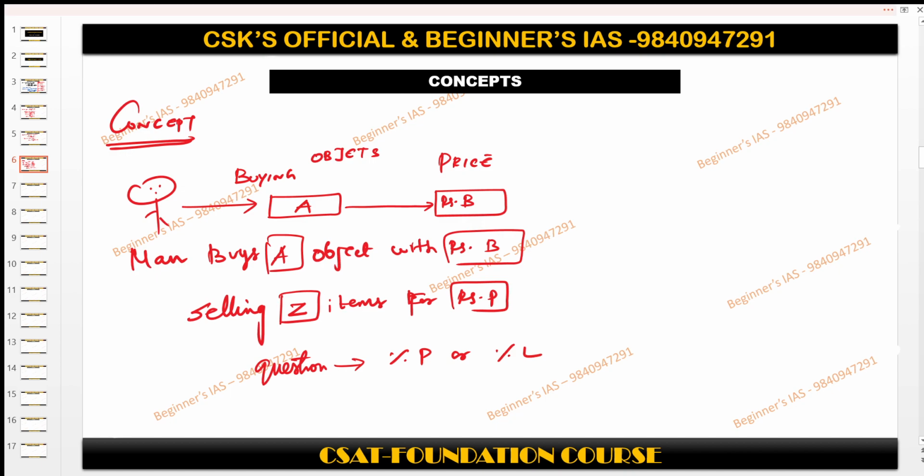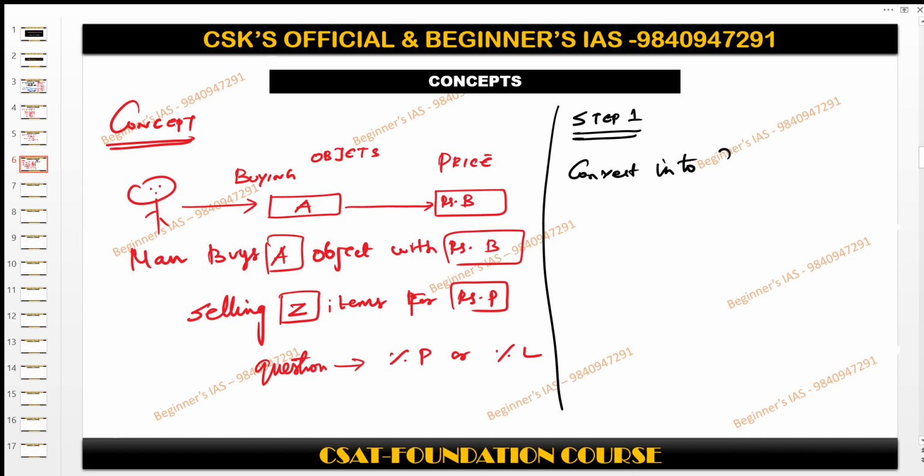So the simple trick is you need to convert into the same quantity. The first step to solve this kind of problem is to convert into the same quantity. This is step number 1.